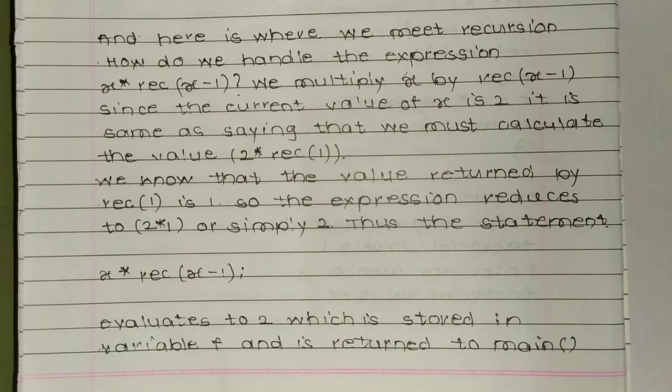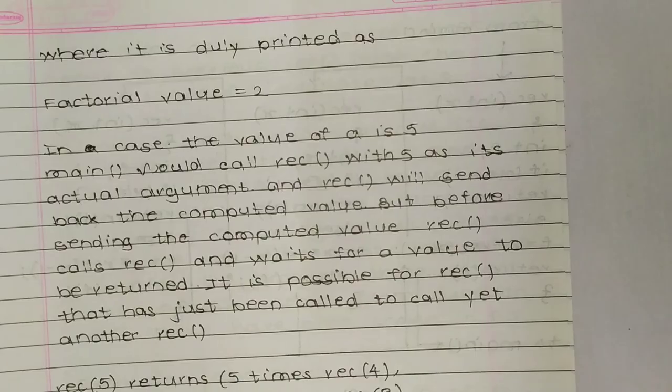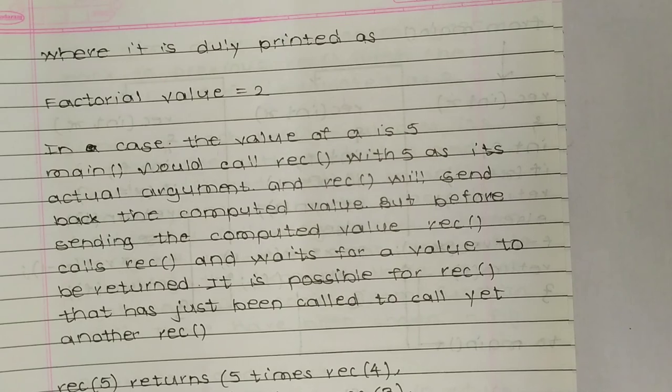We know that the value returned by rec(1) is 1, so the expression reduces to 2 star 1, or simply 2. Thus the statement x star rec(x minus 1) evaluates to 2, which is stored in variable f and is returned to main, where it is duly printed as factorial value 2 is equal to 2.